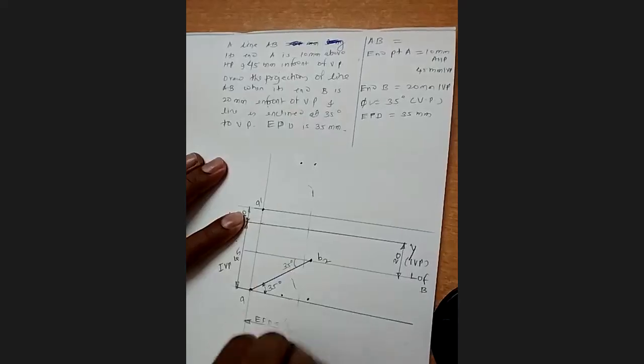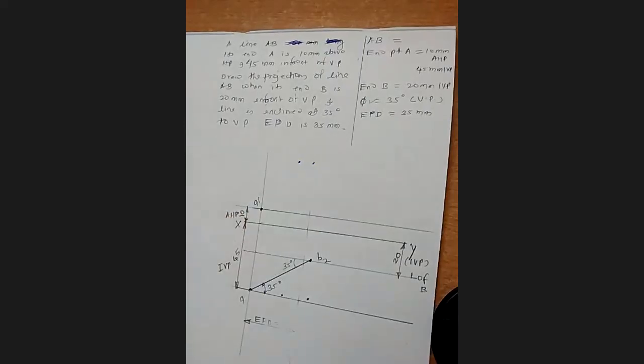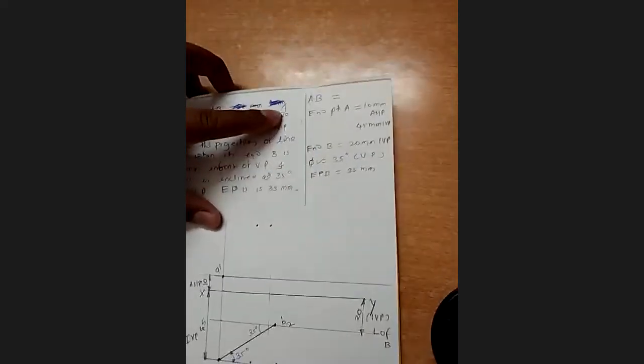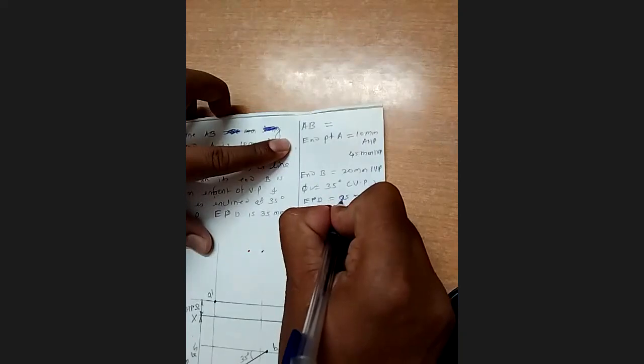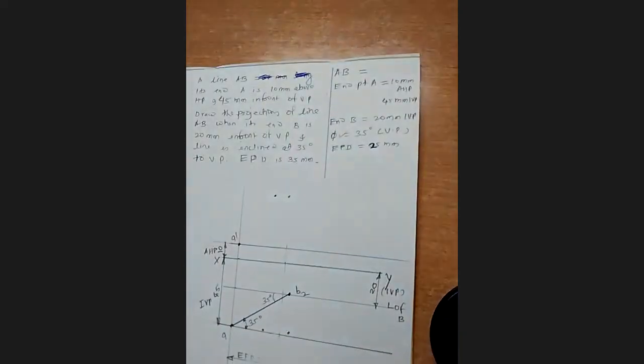But this is not to be done in the exam. Whatever value is given, exactly the same value you have to take. As this is a problem defined by me, just to make it convenient for you, I will make it 25. Let's make it 25. So I will take 25 end projected distance.